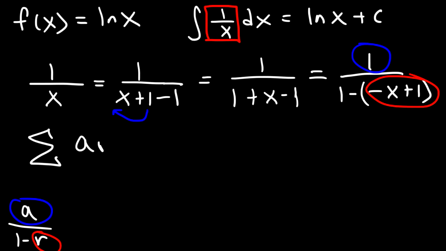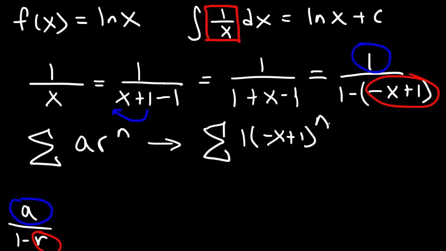So let's start with the geometric series a times r to the n, and let's represent it as a power series. This is going to be 1 times negative x plus 1 to the n power. Now, this particular power series is not centered at 0, and we need to put it in the form x minus c to the n.